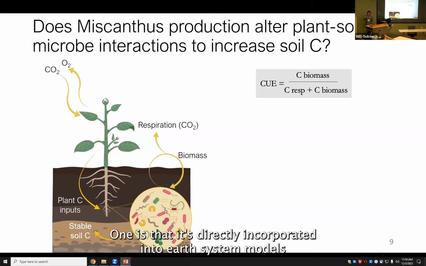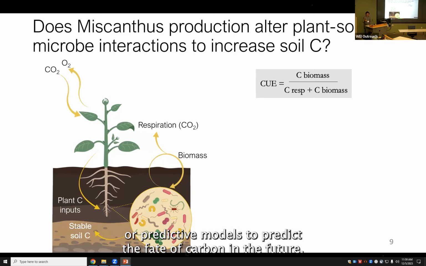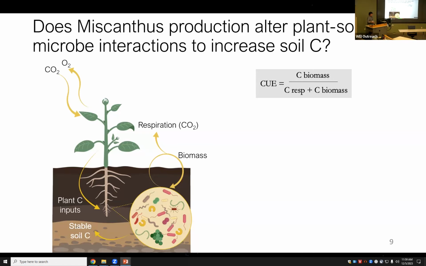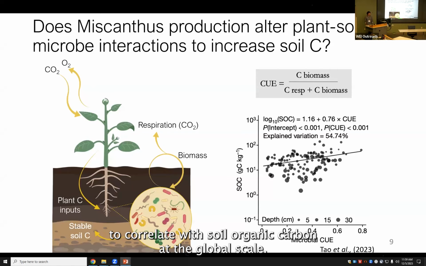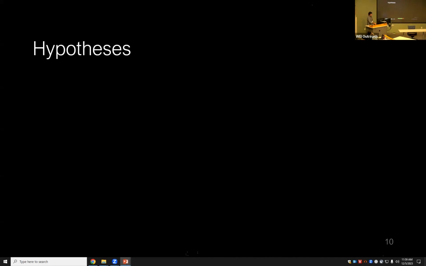One is that it's directly incorporated into Earth system models or predictive models to predict the fate of carbon in the future. And I shouldn't say it's easy to measure in the lab, but it's not terribly complicated either. And also, from results of a meta-analysis, microbial CUE has been shown to correlate with soil organic carbon at the global scale. So it's a pretty powerful parameter in that way.